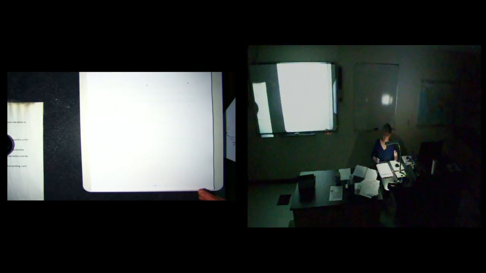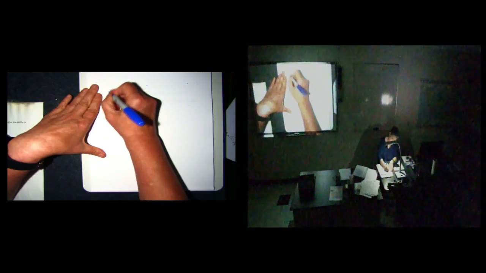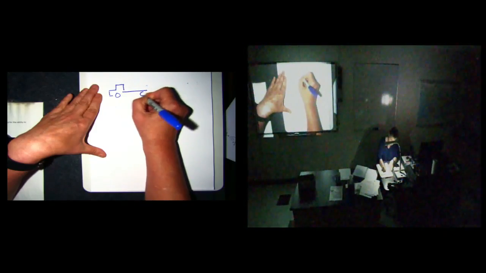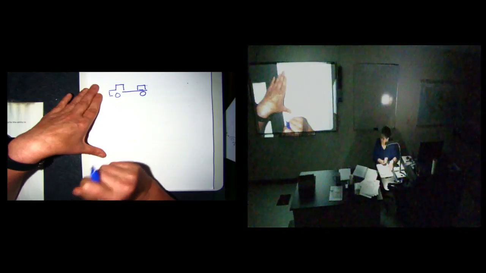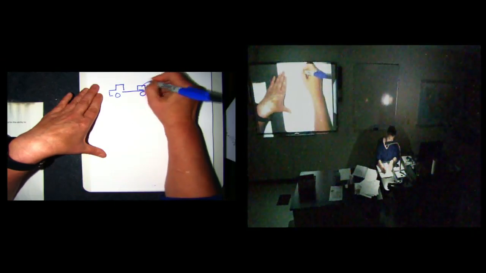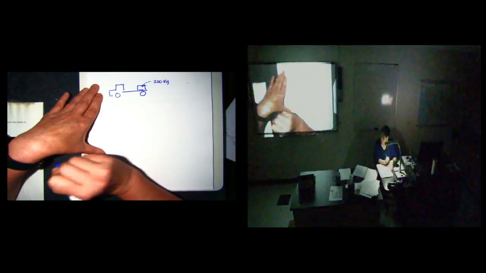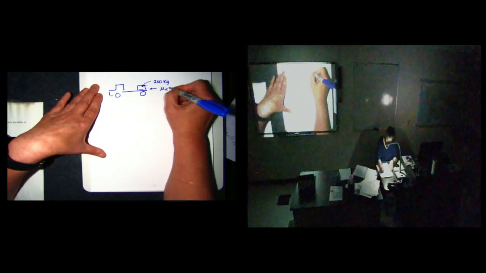So first thing I'm going to do, while I'm thinking about it, is convert kilometers per hour to meters per second. It's a good stalling technique, and I'm probably going to need it anyway. Probably going to need the 200 kilograms times 9.81, the force due to friction.